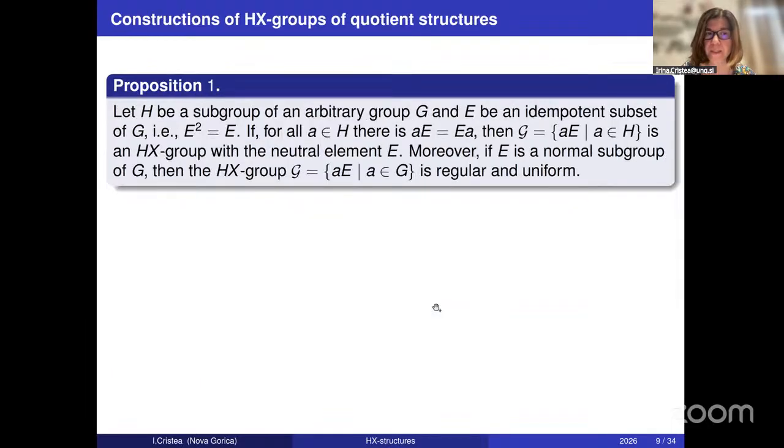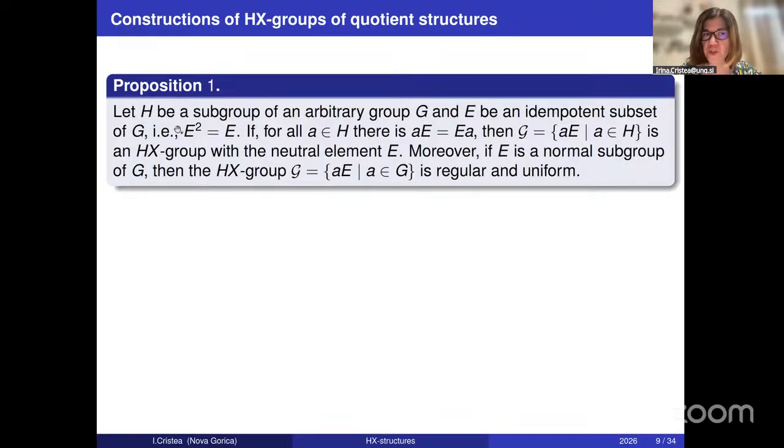All these properties will be used in the next part, where I will show you how to construct HX groups as quotient structures. This is the only construction that appeared in the literature, so maybe we can think to obtain them also in another manner.